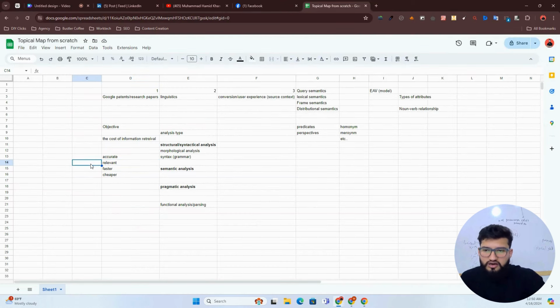And Google determines relevancy based on multiple technologies like word2vec, word to vector. This is the proper embedding that I have explained in most of my sessions.